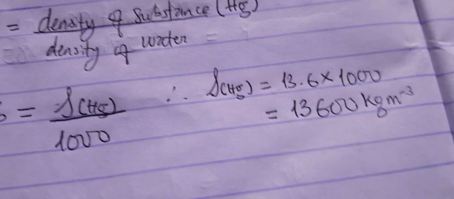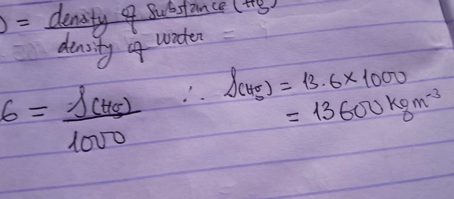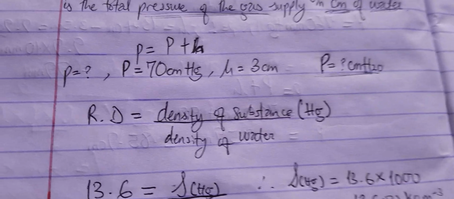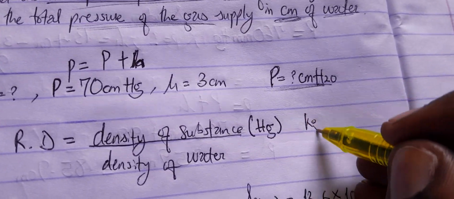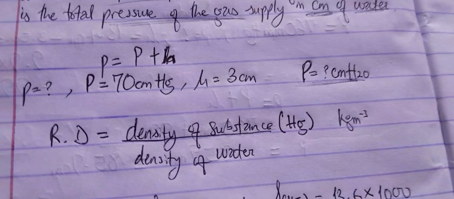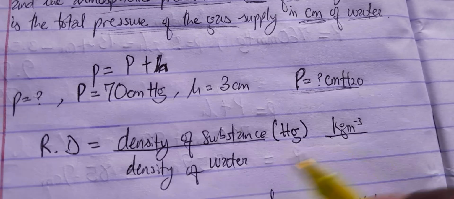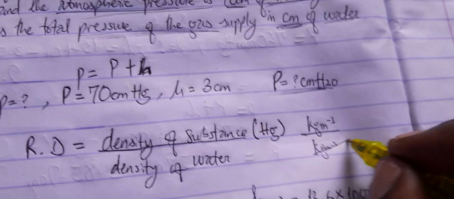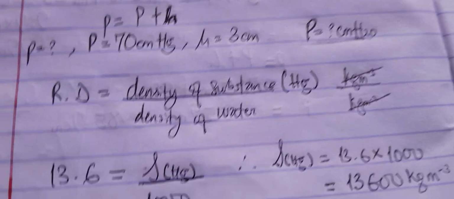Yeah. Now, relative density, I just want to chip in this. Relative density does not have units. So we ask why. It's because the density of a substance is kilogram per meter cube over the density of water is the same thing, kilogram per meter cube. You're going to see that it's going to cancel out. So that's why relative density does not have units.